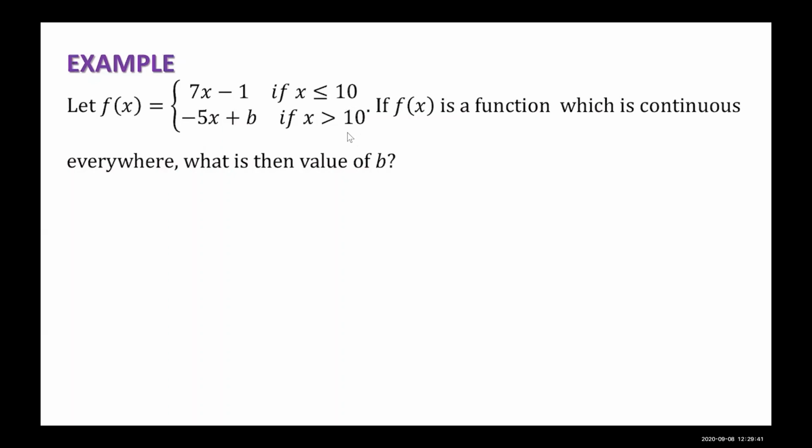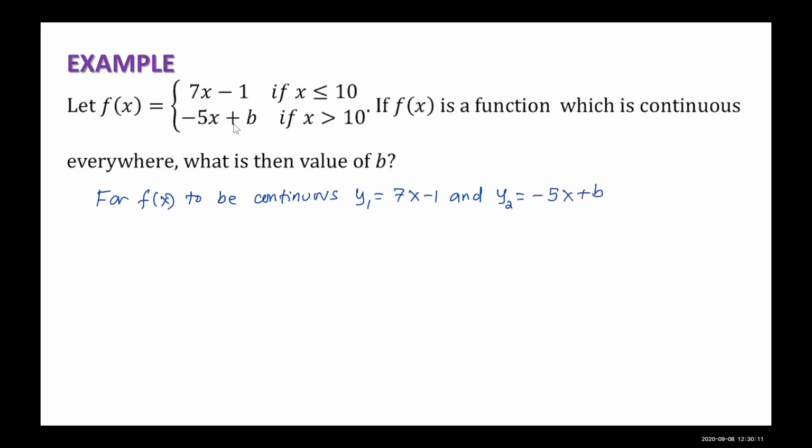So this is how I'm going to begin. For f of x to be continuous, the first function, I'm going to call it y1 equal to 7x minus 1. And the second function, I'm going to call it y2, which is negative 5x plus b.